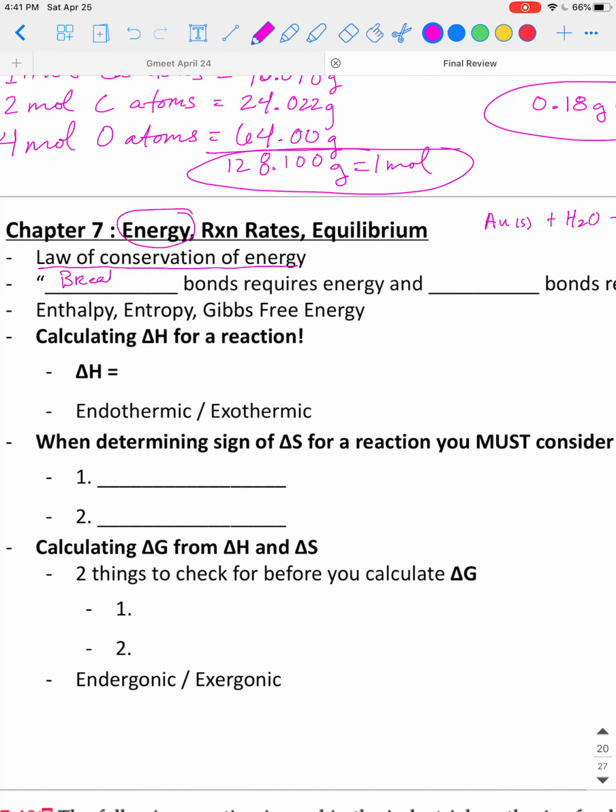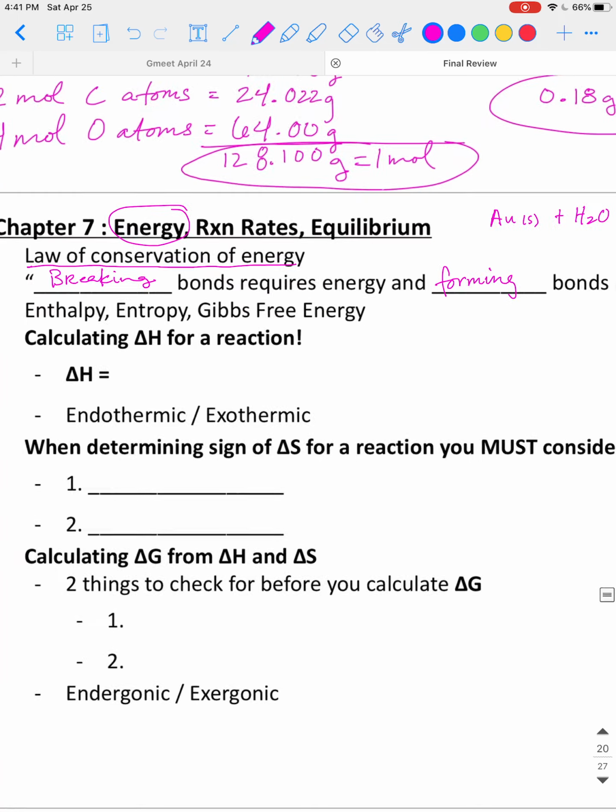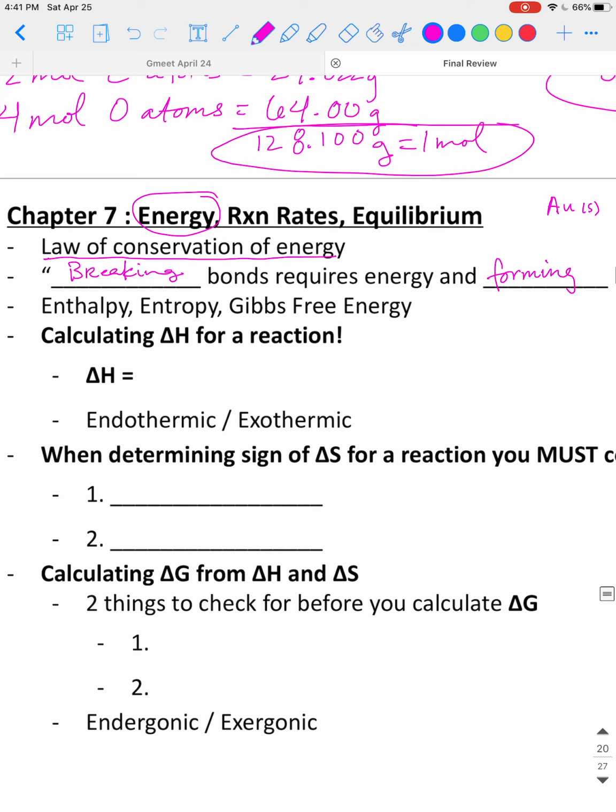So it's either breaking or forming. And I'll tell you here, breaking bonds requires energy. To break the bonds of our reactants, we have to invest energy. And forming bonds releases energy, okay? Whenever we form a bond, we give off energy.